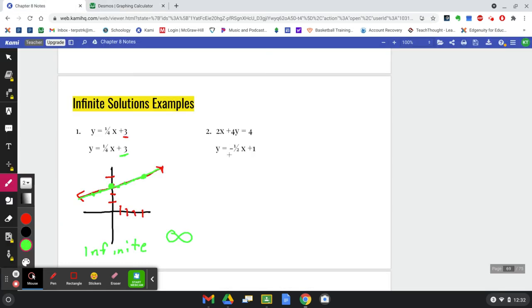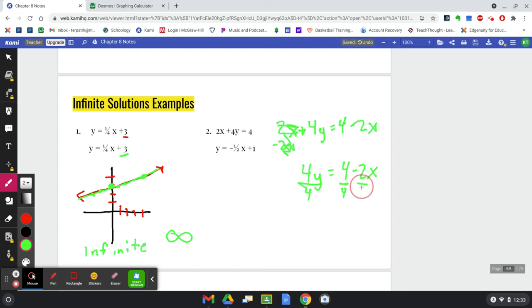And in order to compare lines, you have to have the same form. So just a quick refresh, 2x plus 4y equals 4. I can start by subtracting 2x from both sides, so I'd have 4y equals 4 minus 2x. Now, it's not y by itself yet, so it's not slope-intercept until I divide.